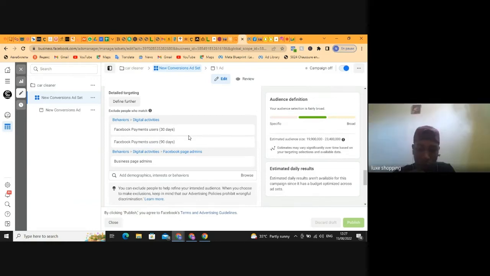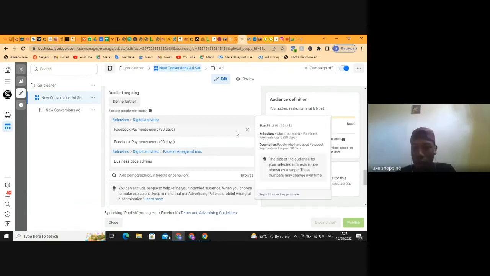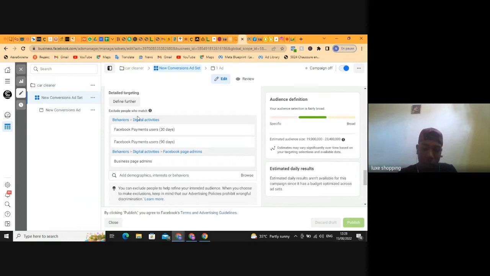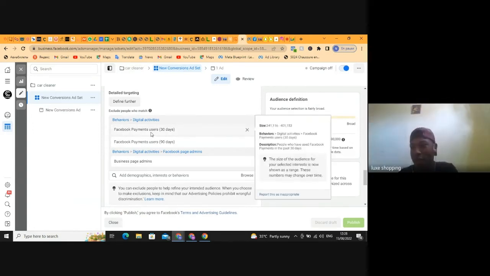Facebook payment users. So what is this? I exclude the people that pay in Facebook. I think it's called the... Because you want to exclude people who purchase from your business.